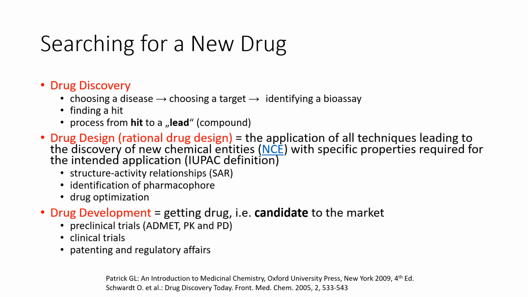The first one starts for the company with a strategic decision of choosing a disease that should be hit by potential drugs. Within the pathophysiology of the disease, it's necessary to choose a target and identify a bioassay that can be used for identification of potential drugs that can be employed in testing.